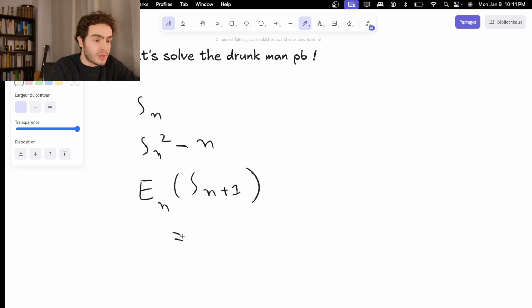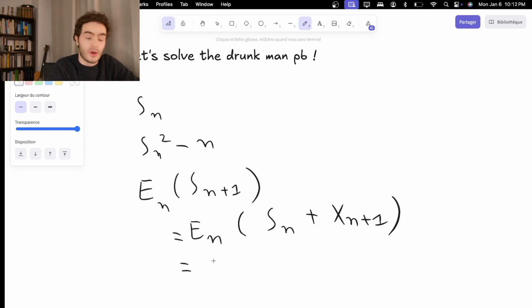So, this is equal to the conditional expectation of Sn plus xn plus 1 by linearity of the expectation. We know that this is equal to the sum of the expectations.